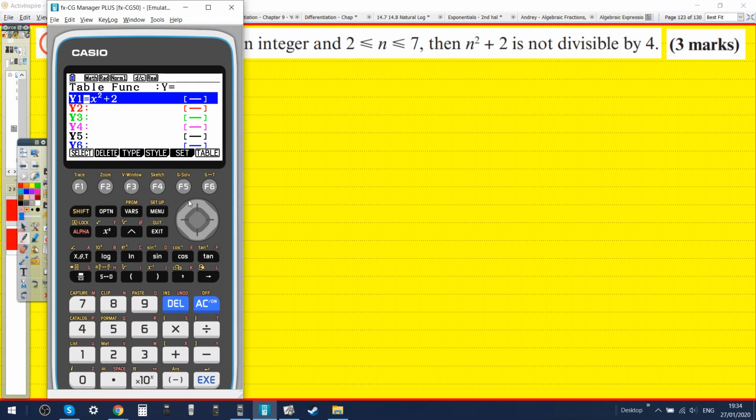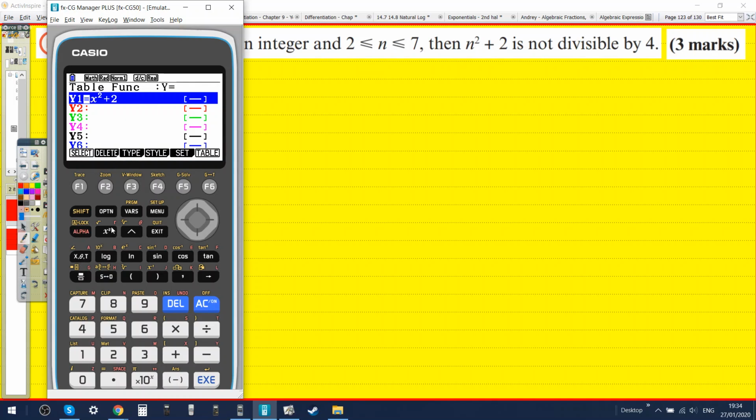And I believe you press table, F6, when you have it all set up. Sorry, is it table then F5 or F6? Did you do your settings? No. I just got to the table bit.